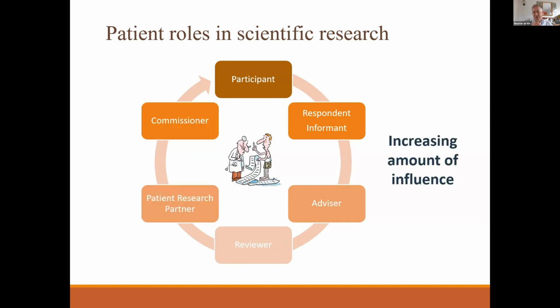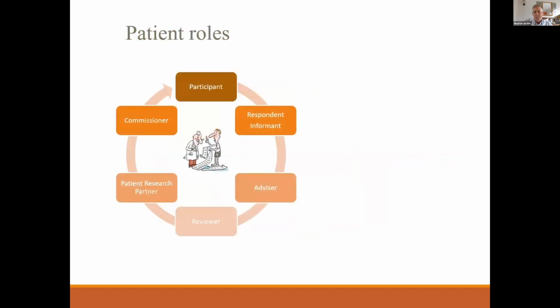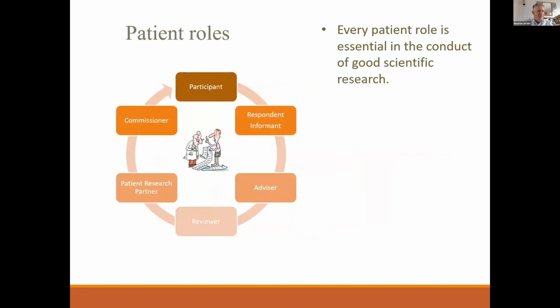So what is typical for this circle is, of course, that if you go through the circle, there is an increasing amount of influence. And just a couple of comments. Every patient role that you see here is essential in the conduct of high quality scientific research.